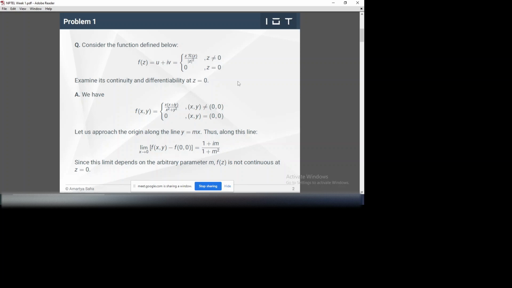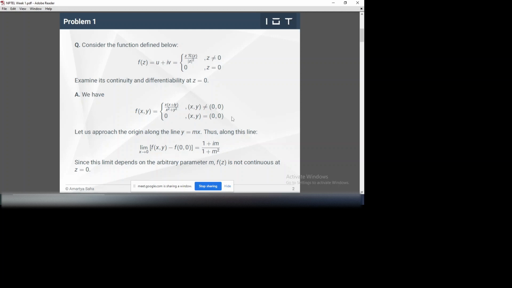To examine the continuity, we usually employ the epsilon delta method. But here we can do better. First let us write this explicitly in real and imaginary form, so that we have this f(x,y).